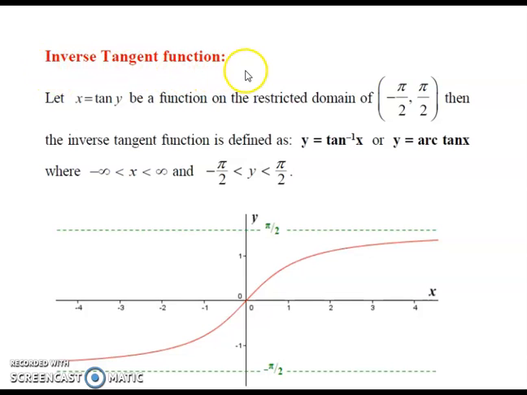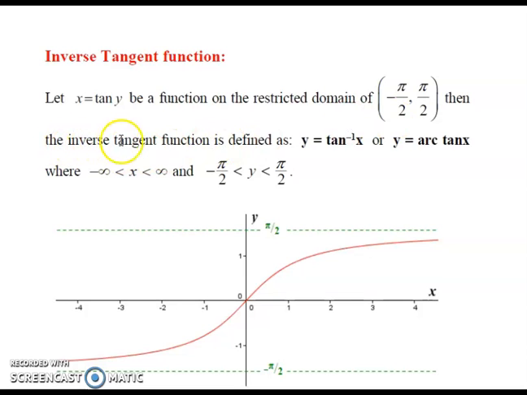Inverse tangent function. Let x equal to tan y be a function on the restricted domain of the closed interval minus pi by 2 to pi by 2. In this interval, the tangent function is one-to-one, then its inverse exists.